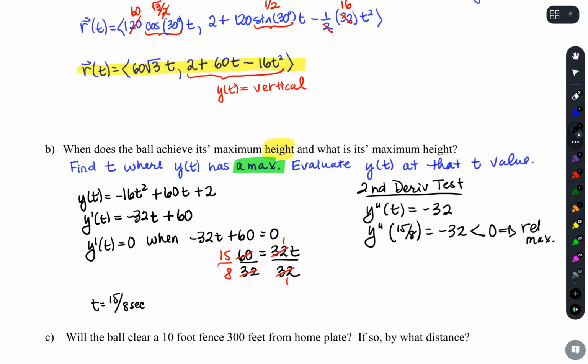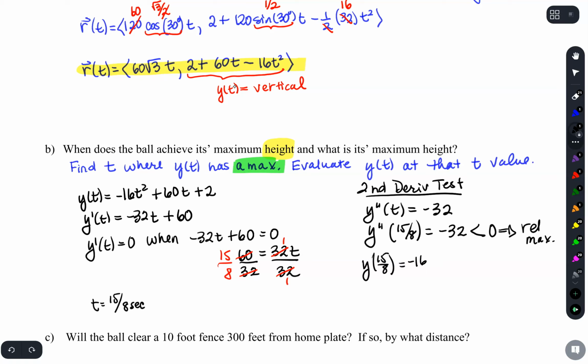So at this point, we have the location of our maximum value, and now we need to just determine the maximum height.